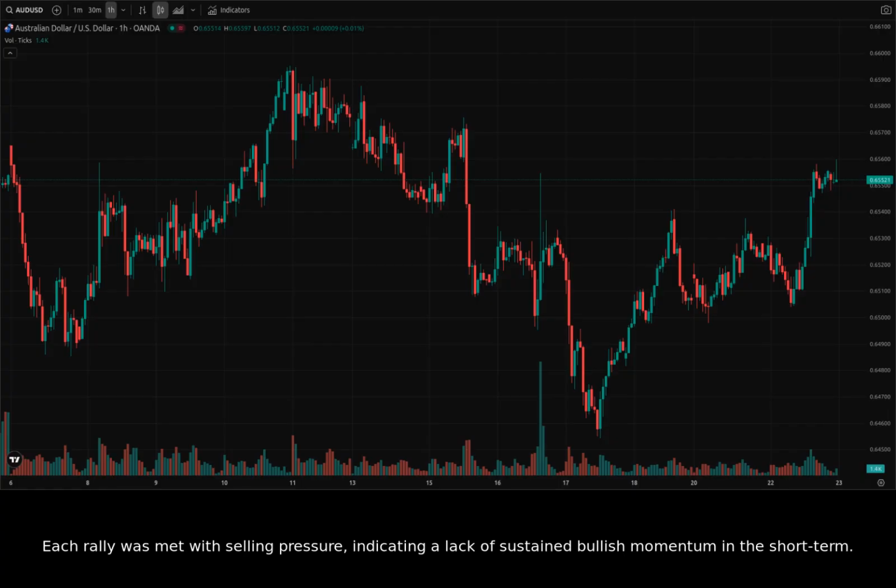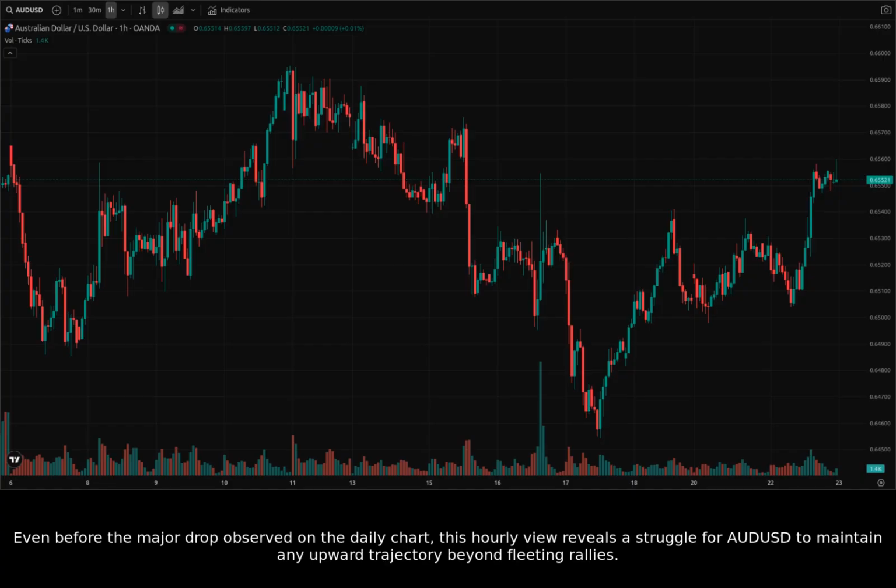Each rally was met with selling pressure, indicating a lack of sustained bullish momentum in the short term. The hourly candles show quick reversals after hitting minor highs, reflecting the cautious market sentiment. Even before the major drop observed on the daily chart, this hourly view reveals a struggle for AUDUSD to maintain any upward trajectory beyond fleeting rallies.